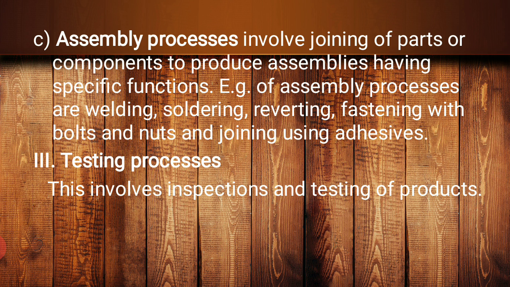Testing itself tells you it involves a kind of inspection process, a testing of the product. That means you are ultimately trying to test the product, inspect it, check whether the product is proper or not. That is what is known as the testing process, right? So that is all about the processes that we have seen.